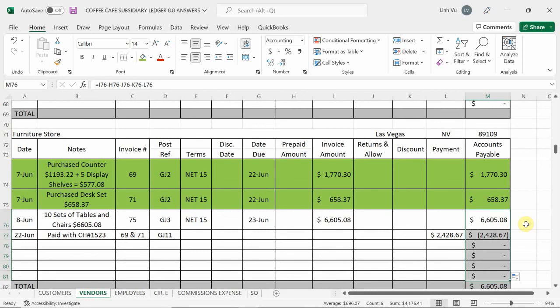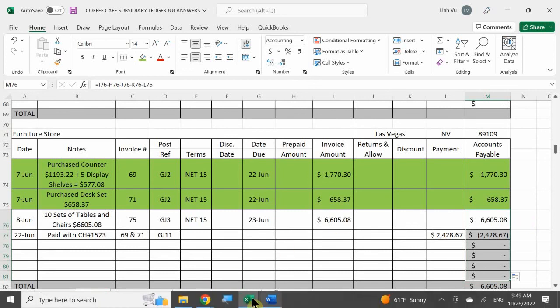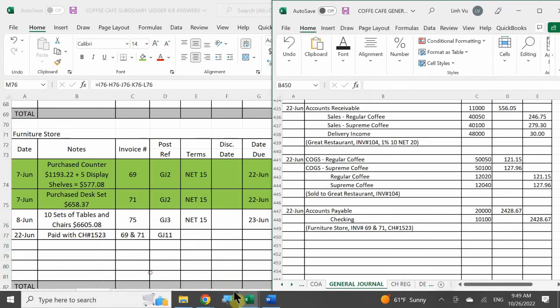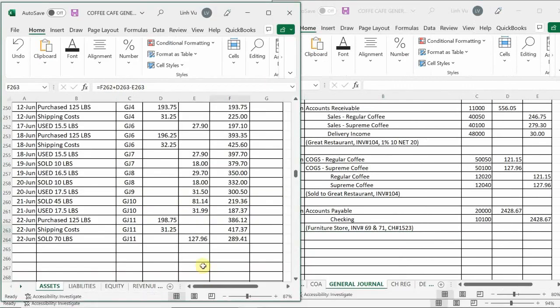What else do I need to do? We already cut the check. Okay, do we go to our assets? Yes, we need to update my checking account, right?